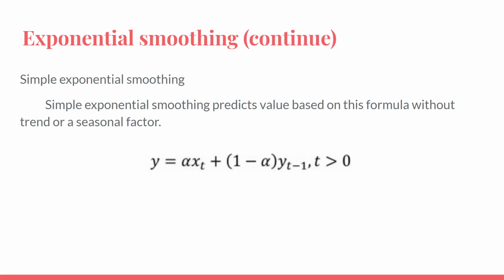So, simple exponential smoothing predicts value based on this formula without trend or seasonal factor, and alpha is a smoothing factor that determines how much importance will be given to prior observations.